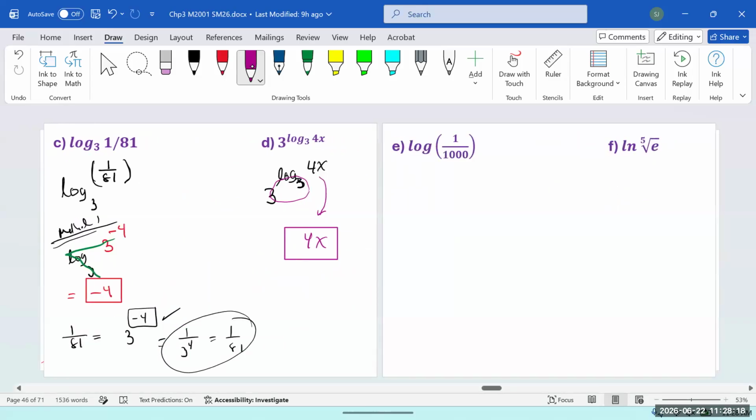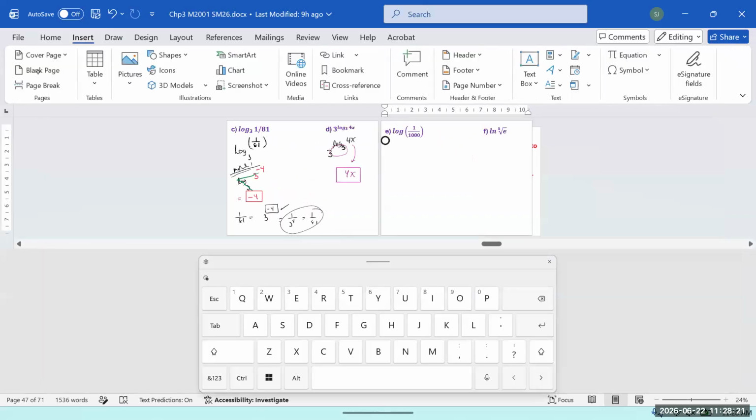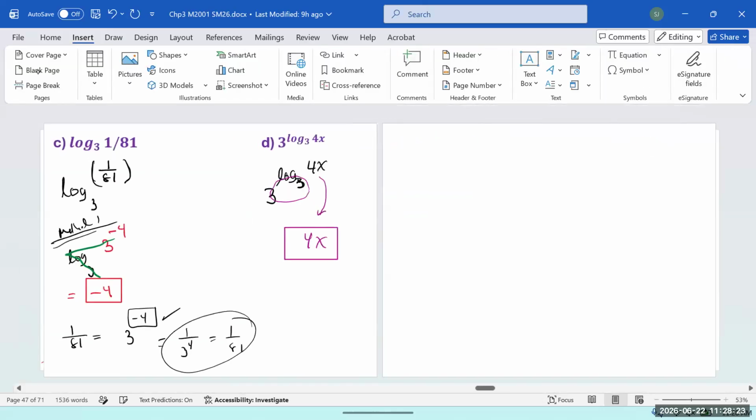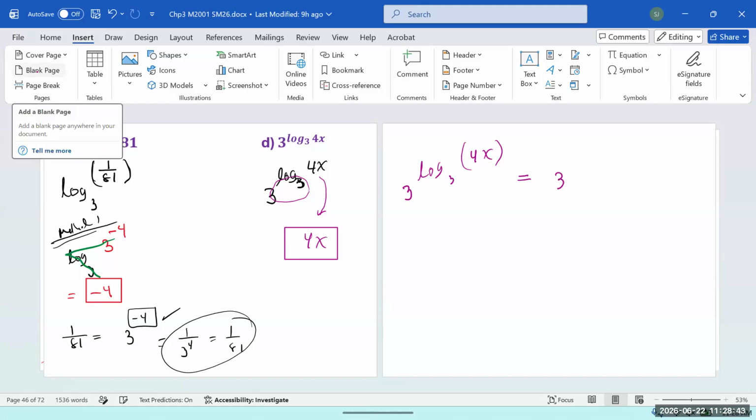Let's see. So we have 3 to the power log base 3 of 4x. And this is the same as 3 to the power log base 3. Okay, let's say this is y.